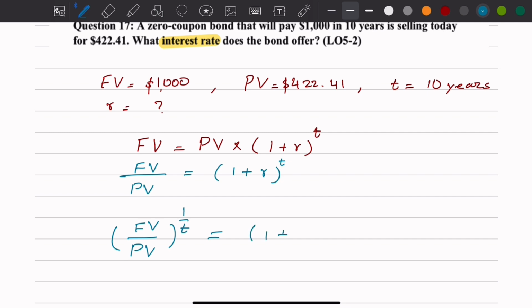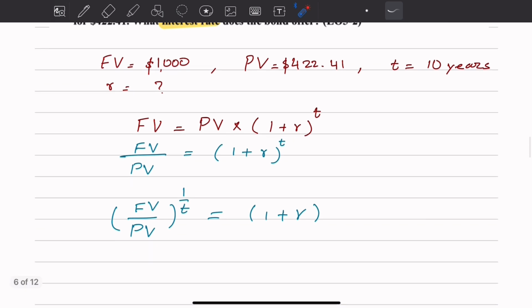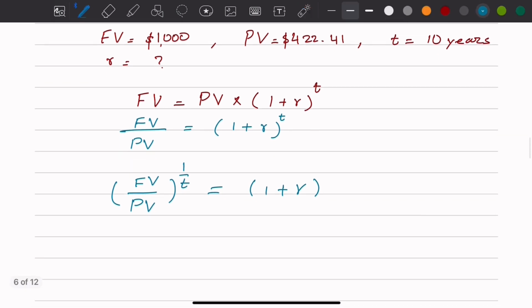We have 1 plus r only. Again, we want to get rid of everything except the r, keeping r on its own on one side of the equation. So we take 1 to the left side and change its sign. Our new formula is future value divided by present value to the power of 1 over t, minus 1, and that should equal r.